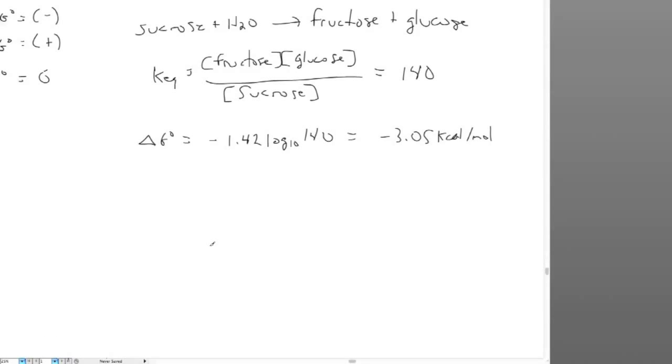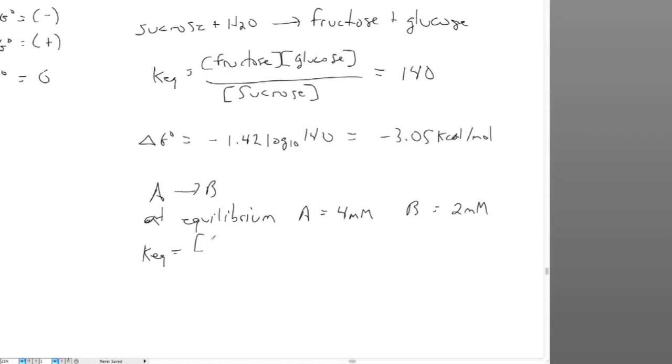So on the exam, I think there's a question like this on the practical exam, if I give you a reaction A to B, and I say at equilibrium, A equals 4 millimolar and B equals 2 millimolar, and I ask you whether or not this reaction is favorable or unfavorable based on what you know here, all you have to do for this question is figure out the KEQ.